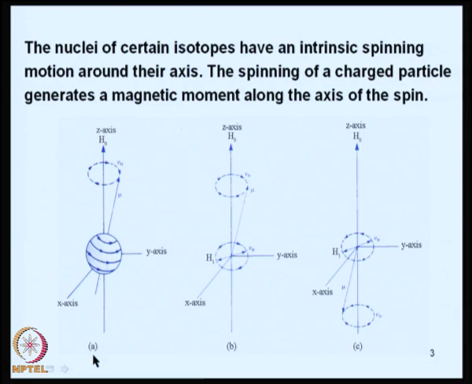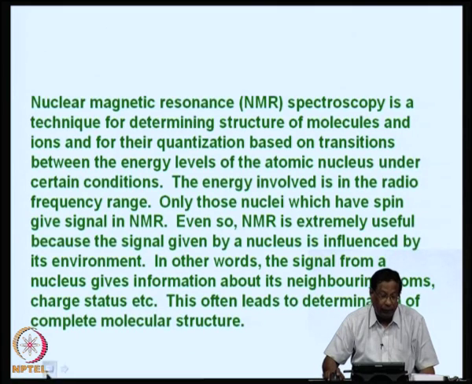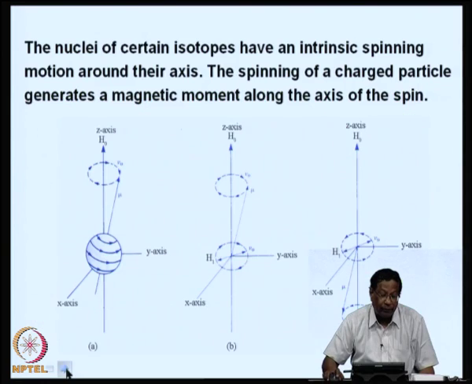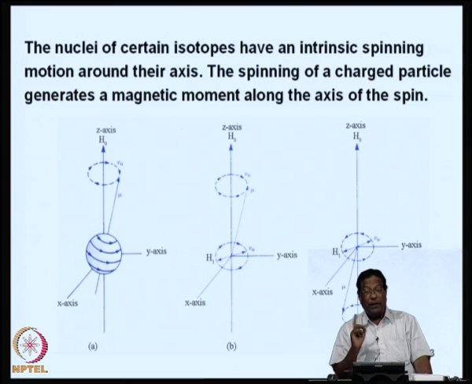We can take a look at this figure. The nuclei of certain isotopes have an intrinsic spinning action around their own axis. The spinning of a charged particle generates a magnetic moment, as we all know, along the axis of the spin.